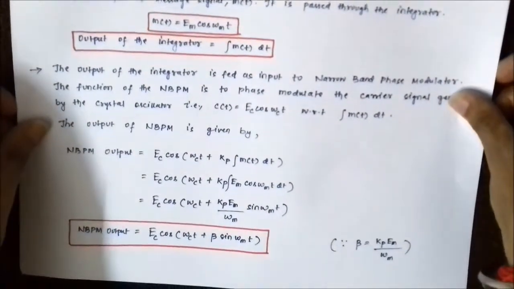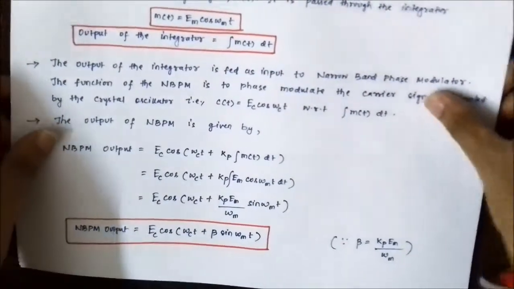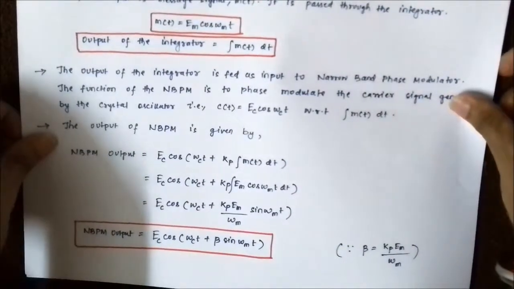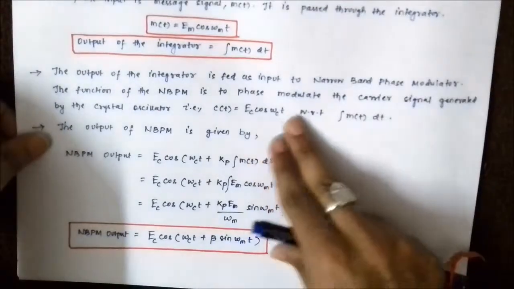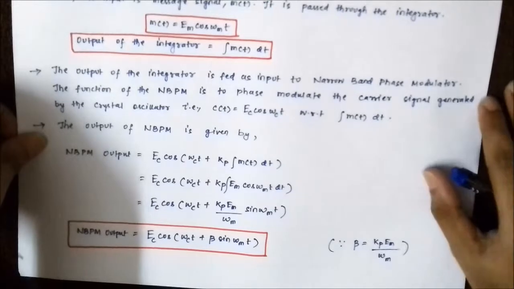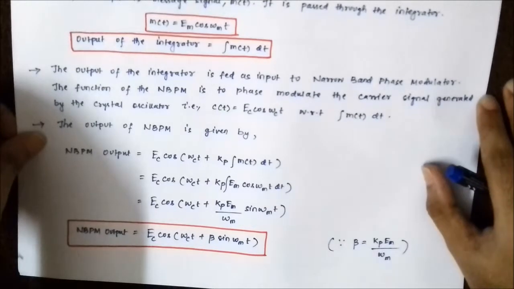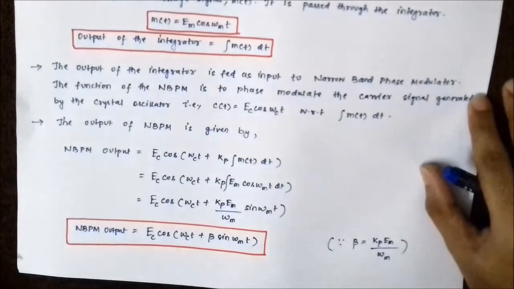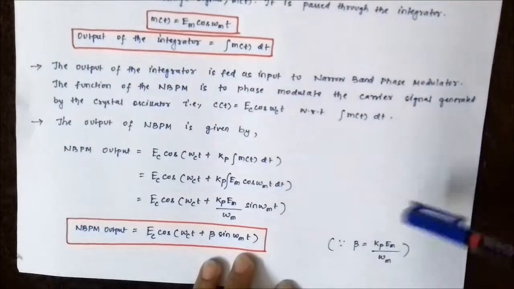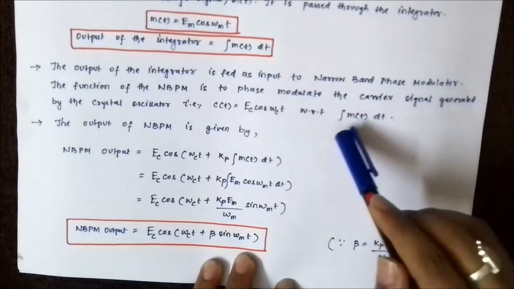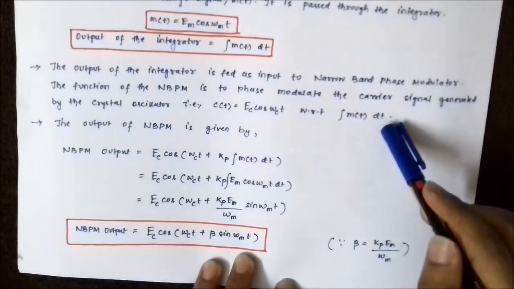Now the output of the integrator is fed as input to the narrowband phase modulator. The function of the phase modulator is to phase modulate the carrier signal which is generated by the crystal oscillator with respect to the integration of the message signal. Not the message signal but the integration of the message signal.